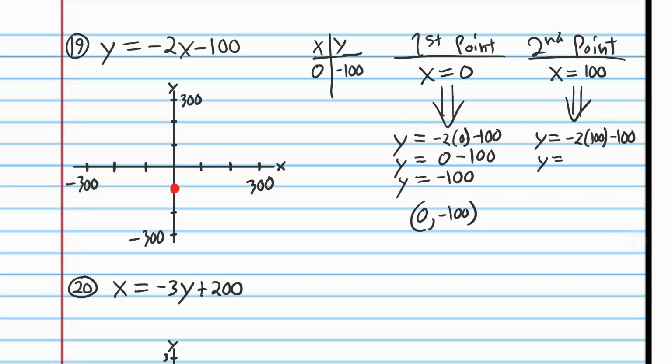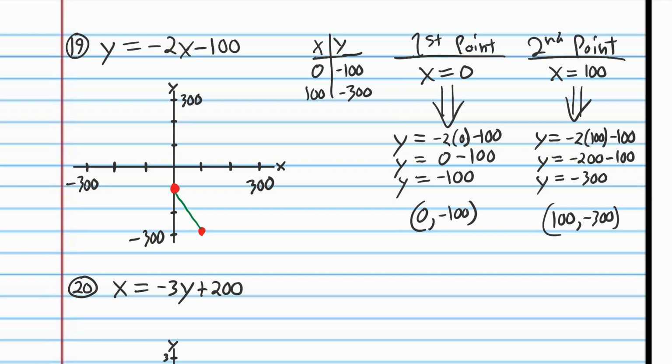Negative 2 times 100 is negative 200. And negative 200 minus 100 is negative 300. So the point is 100, comma, negative 300. Which is down here.